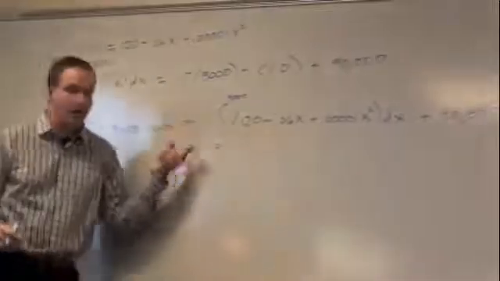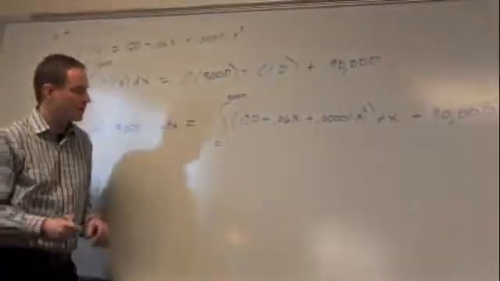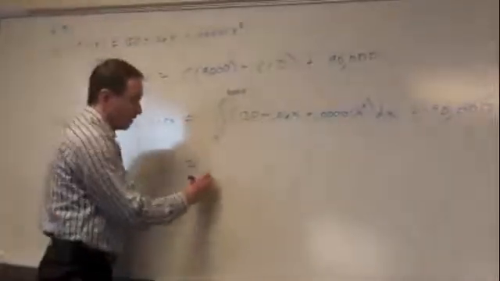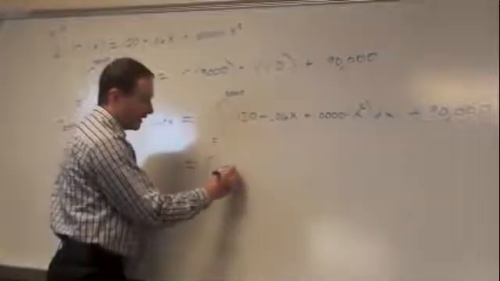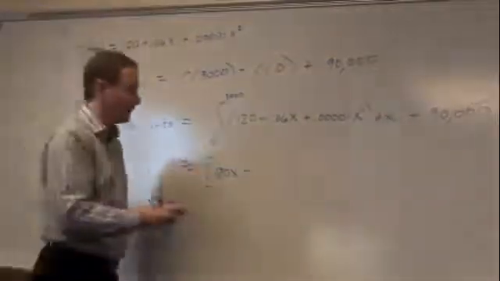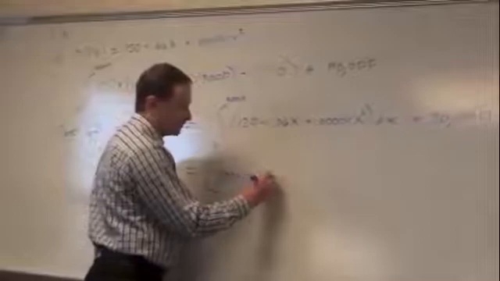This is just going to be the cost from 0 to 3,000. So now, the integral of this is pretty easy. So I could say, well, this is going to give me 120x minus 0.06x squared over 2, so that's minus 0.03x squared.